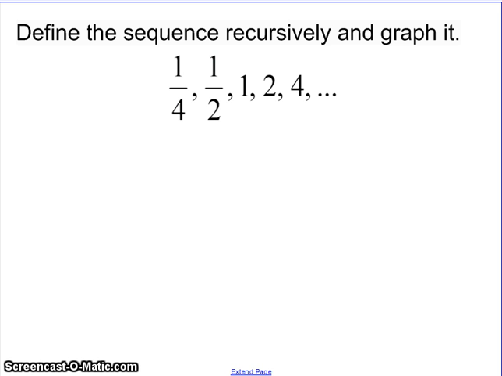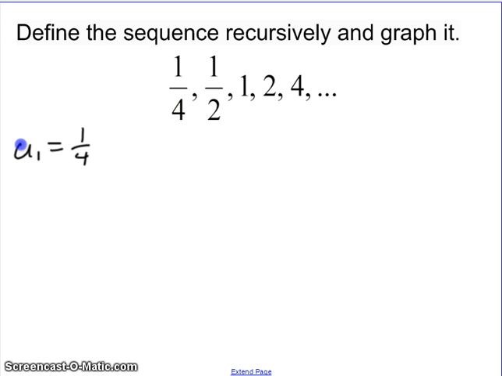Define the sequence recursively and graph it, okay? So here what I've got to do, 3 steps. I have to first state a term. We're going to state the first term, u sub 1. Okay, that's step 1, state the first term.